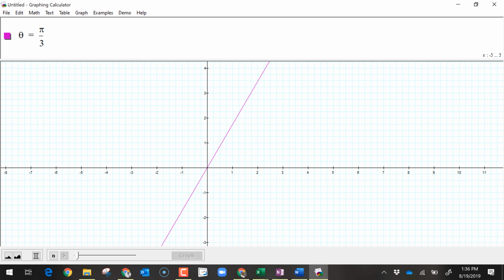So theta equal to 1 would be a line that's a little bit steeper than the first one. In fact, what do you think theta equal to 100 looks like?